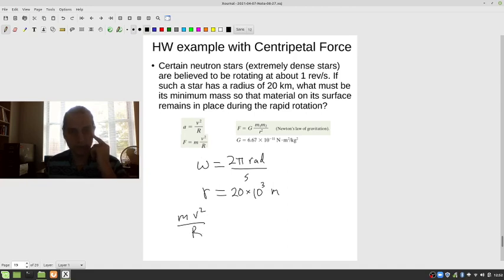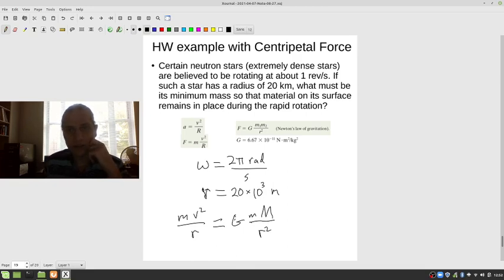That's the same as this r, so let's just use a little r in here. m v squared over r equals G little m, that's the mass on the surface, big M, that's the mass of the neutron star, over r squared.